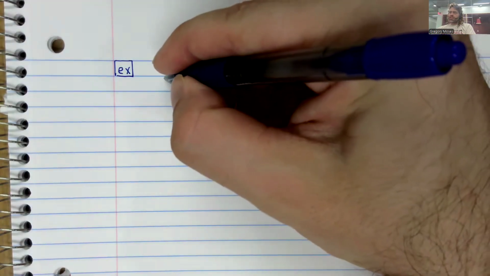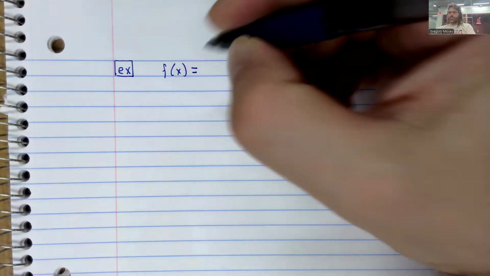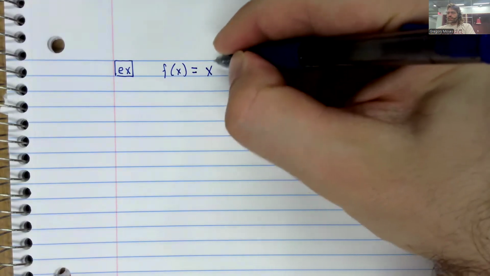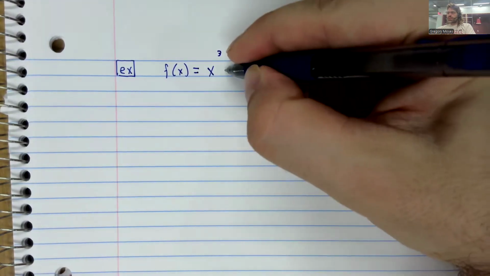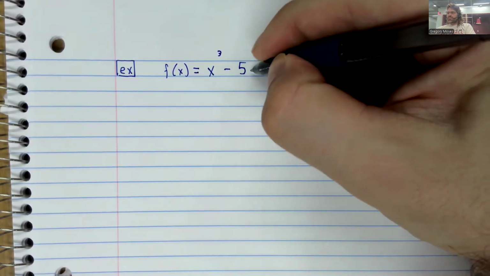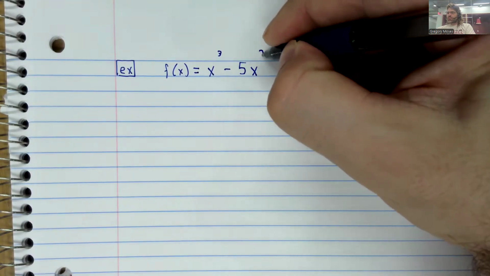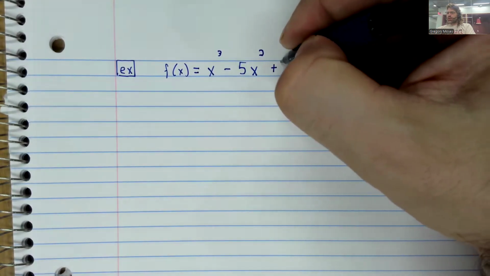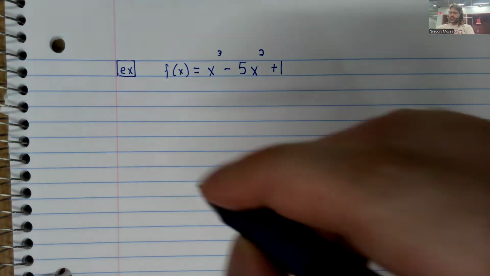So for example, let f of x be x cubed minus 5x squared plus 1.